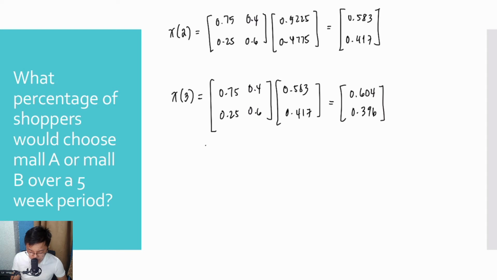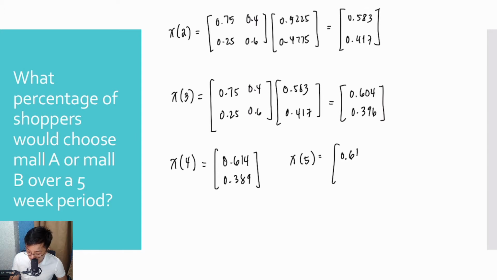Okay? And then we'll do it several more times, but I'll just show the answer. So for x of 4, we will have 0.614 and 0.389. And for x of 5, we'll have 0.614, 0.386.